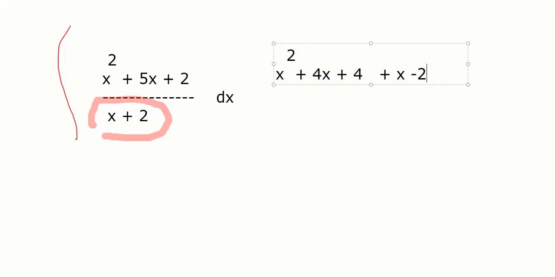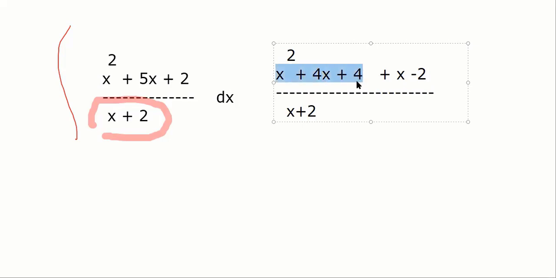Agree? By x plus 2. So what we are going to do? We are going to write this in the form of x plus 2 whole square. Correct? You write this whole as x plus 2 whole square.